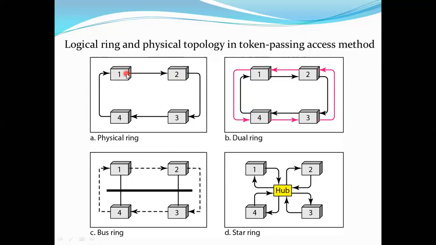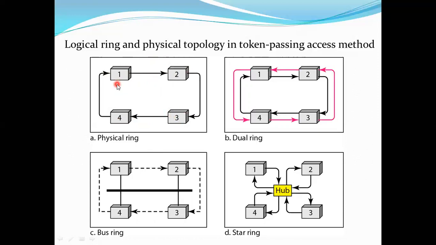So station 1 needs to know only the successor station's address, and it does not need to know the addresses of the other stations. That's it. So here it sends the token. This forms a ring. The same process continues in the other cases also.